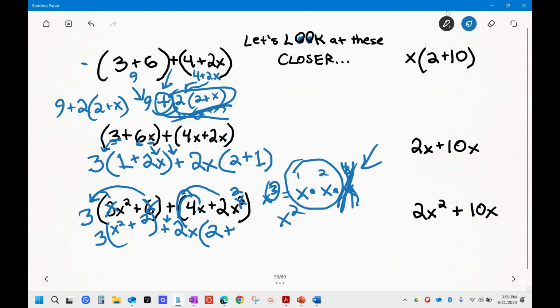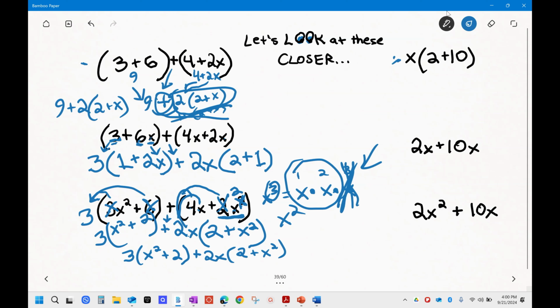So that's x squared. So this final number at the end of this parentheses, the 2x cubed divided by 2x, we took 2x out, is going to end up being x squared. So the answer is 3 times the parentheses of x squared plus 2 plus 2x times the parentheses of 2 plus x squared.